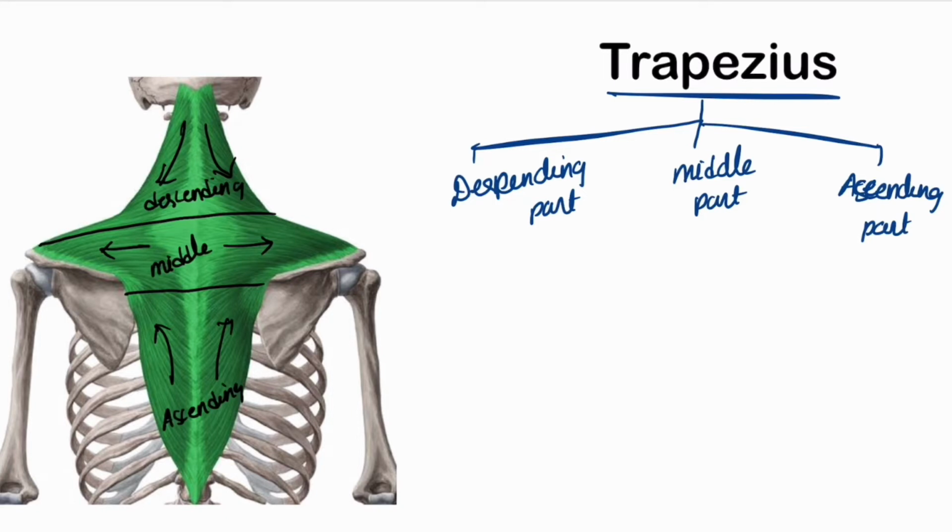Now let us see the functions. The descending part helps in elevation of the scapula, and the middle part helps in retraction of the scapula.